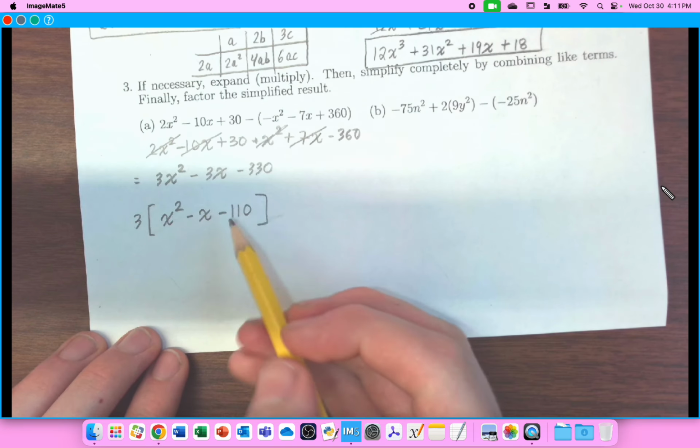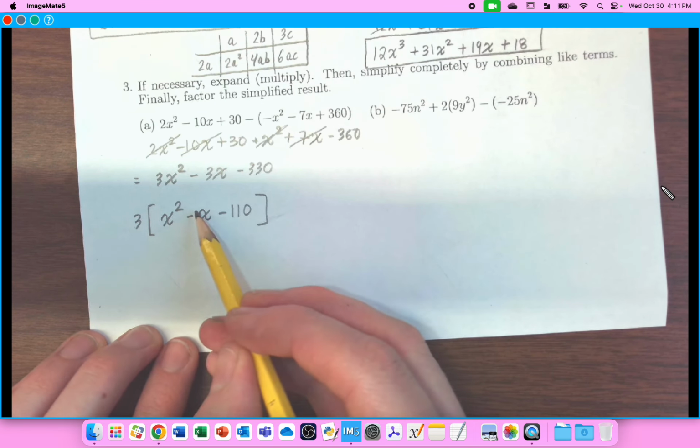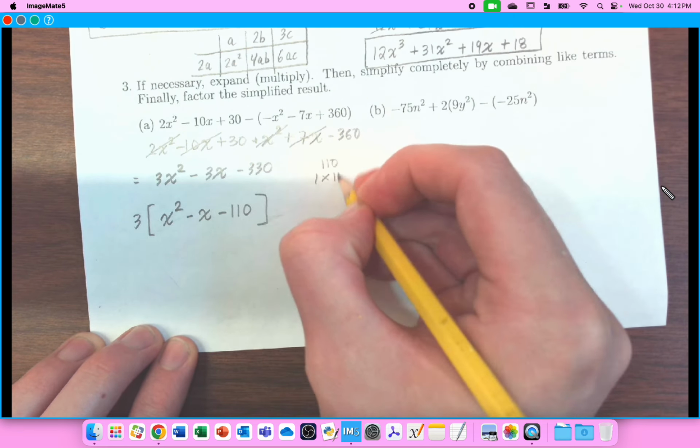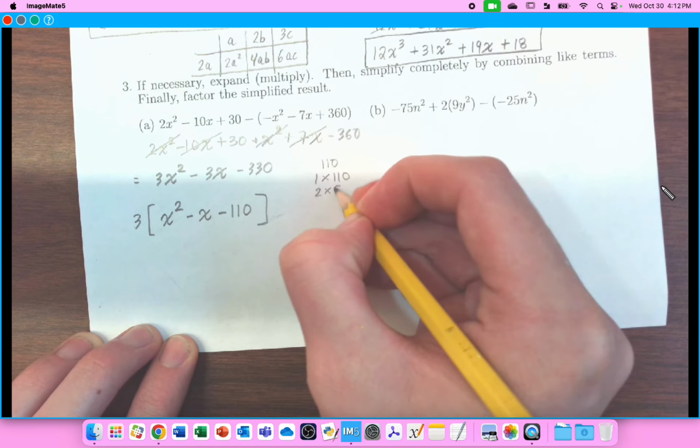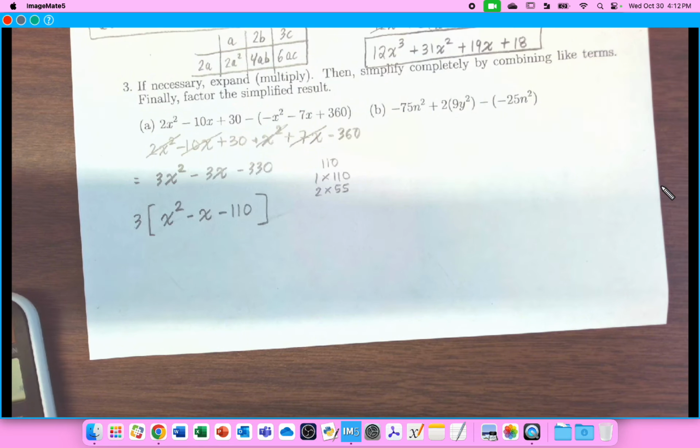Okay, how can I get something that multiplies to negative 110 and adds to negative x? Well, 110 can be 1 times 110, could be 2 times 55. I don't think it can be 3 times anything.